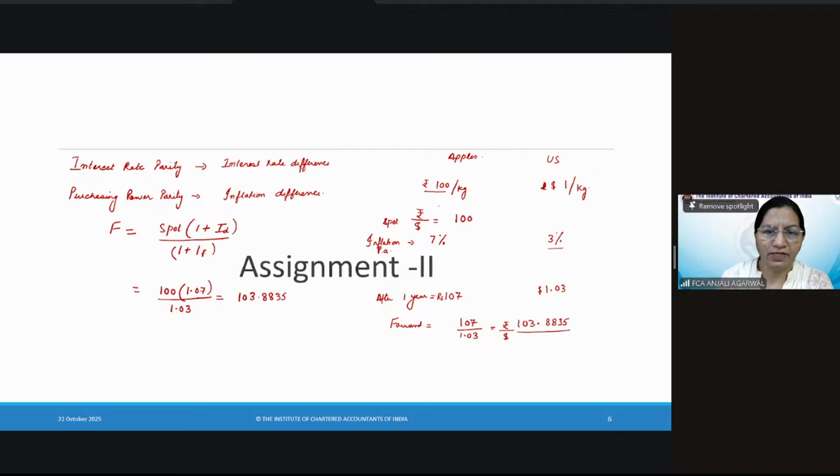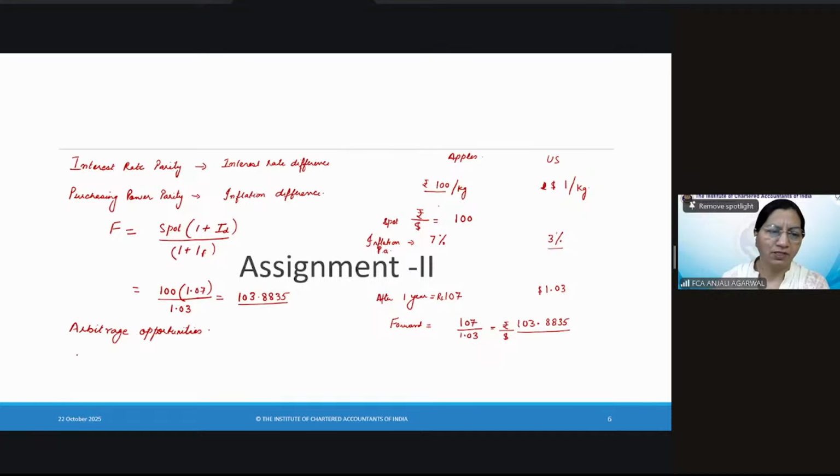If the forward exchange rate is not 103.8835, there would be arbitrage opportunities, and that can be exploited by any trader. So it will bounce back to the equilibrium price as per the purchasing power parity. Right? So this was the second theorem or second concept in the foreign exchange rate fluctuation.